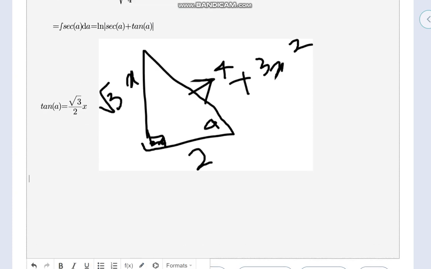Hence the secant of a equals 1 over cosine of a, which equals 1 over, alright, let me write it like this.